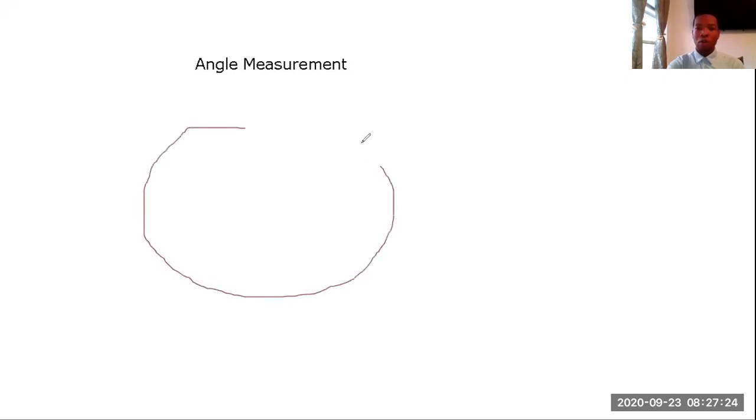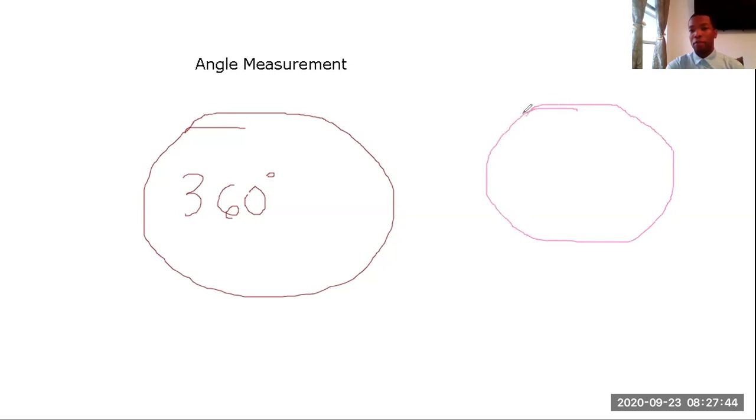We have a circle, and we know that the full measurement around the circle is 360 degrees. I put this small circle at the top because that's how I represent degrees, all right? If I had another circle and I split it in half, then that measurement is 180 degrees because it was split in half.